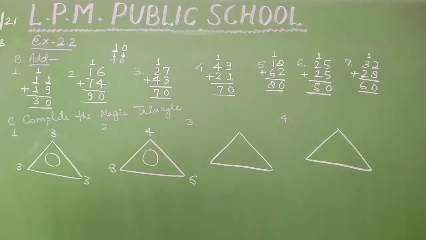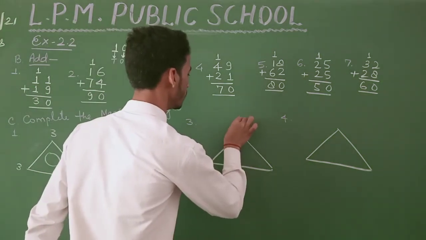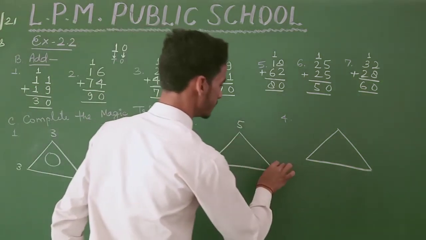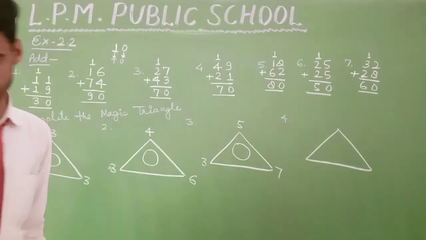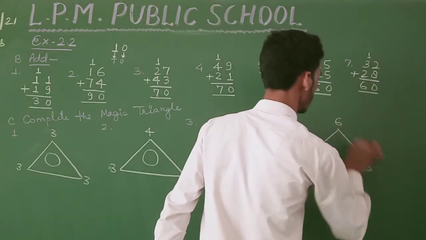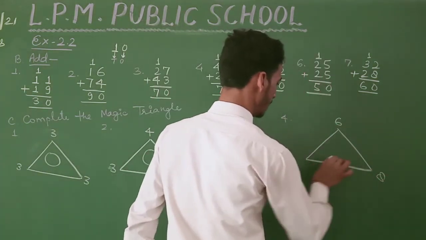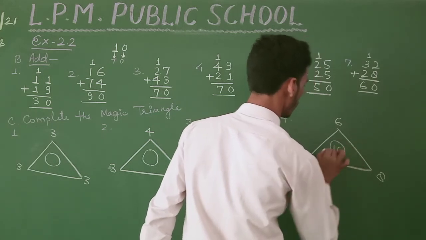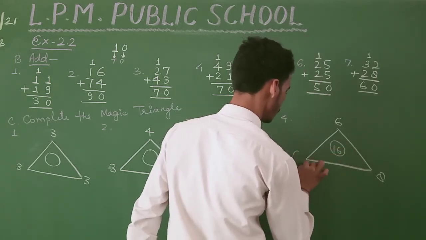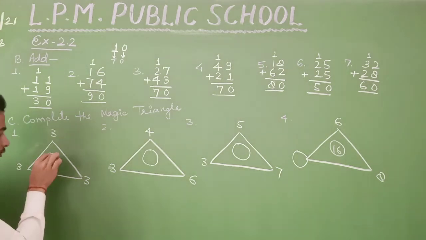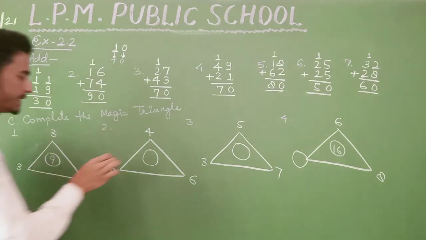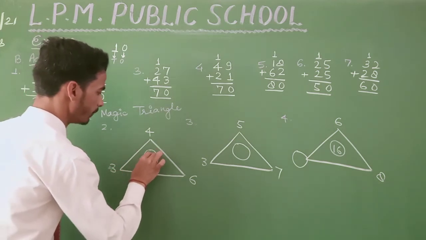The next one is 5, 3, 7, and the next is 6, 8, and 16, and here is a circle. Okay, listen carefully how you can solve it. Here 9 is given, and here 13 is given.